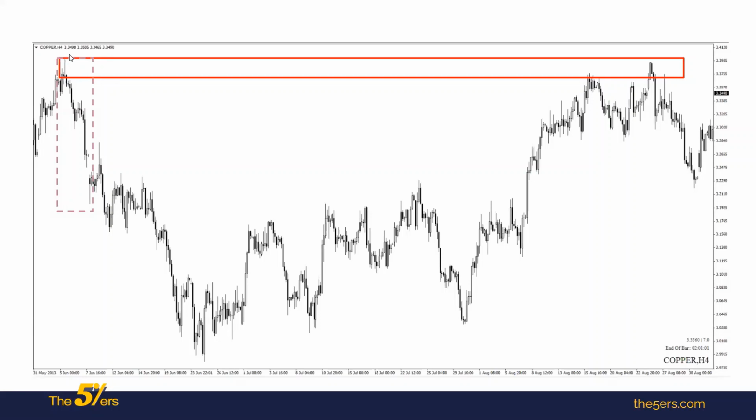So in order for us to define a risk, we would put our stop just above this tip, because here we know for sure that there are sellers and not enough buyers. So at that peak, at the peak of the wick, we know there were more sellers than buyers for sure.